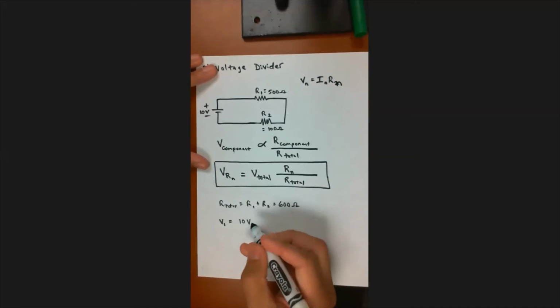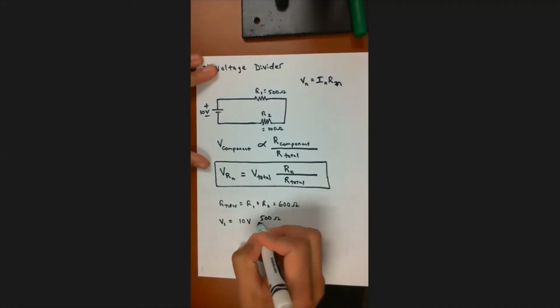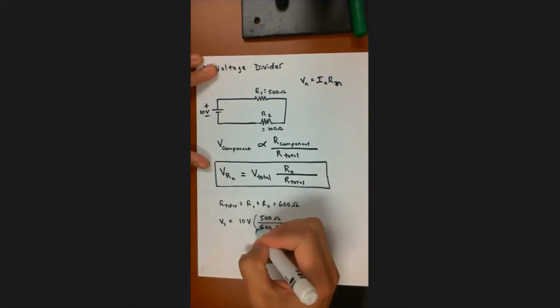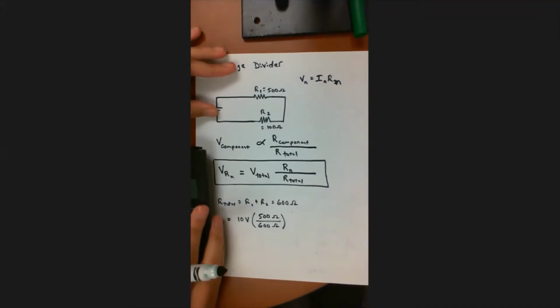R1 is 500 ohms, divided by 600 ohms. I did not succeed in making it so we don't have to use the calculator, because I don't remember what 5/6 is.